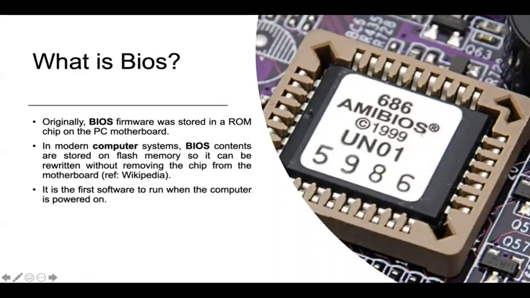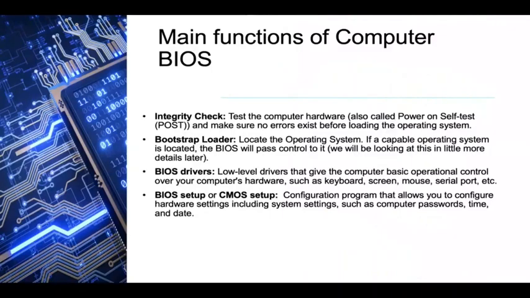There are a number of BIOS functions. We are listing their main 4 functions here. First function is integrity check. When you turn on the computer and when BIOS is running, the first function it does is a power on self-test. It tests the computer hardware and makes sure there are no errors before loading the operating system.